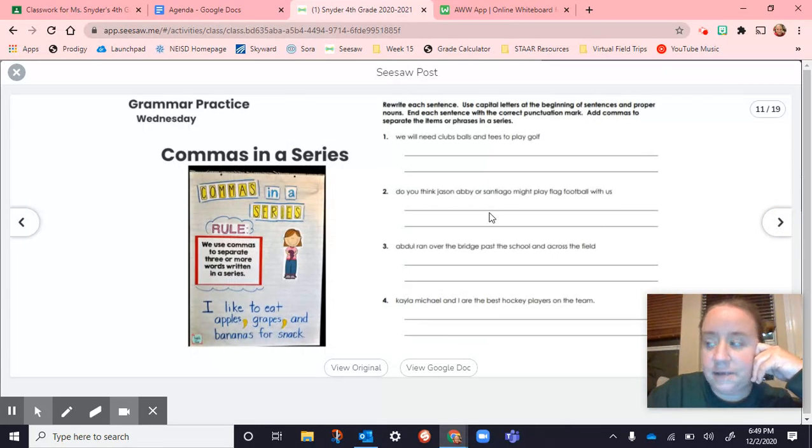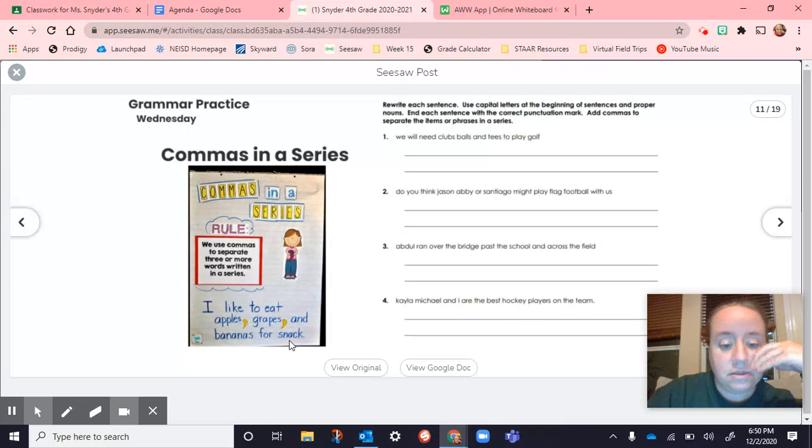Then today we talked about commas in a series as our grammar practice. So commas in a series, the rule is that we're going to use commas to separate things when we're listing 3 or more things in a series. So here, "I like to eat apples, grapes, and bananas for snack."